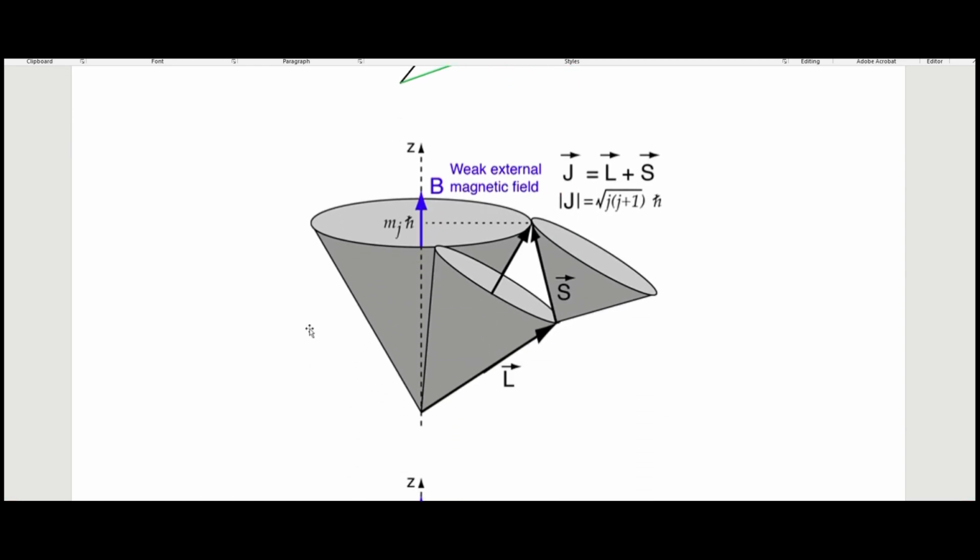This is from HyperPhysics on the Zeeman effect. We see that L and S are precessing about J, while J is precessing about the direction of the magnetic field. That's in the weak external magnetic field.